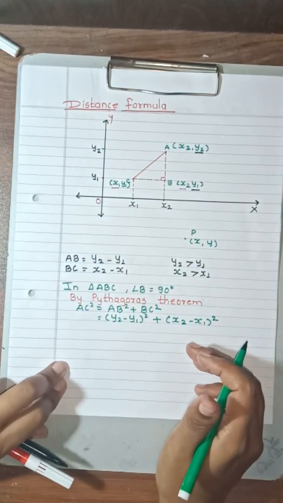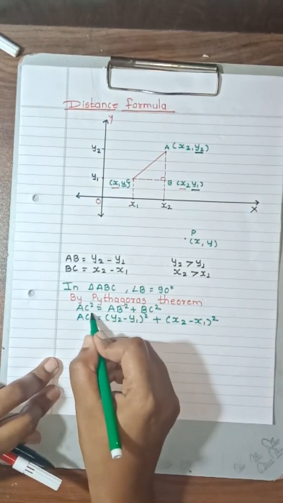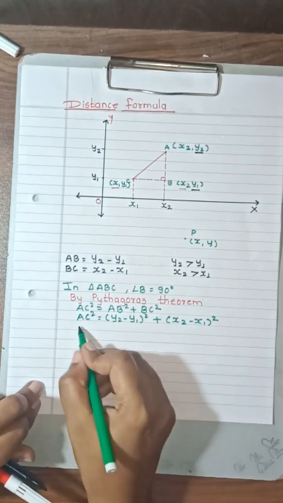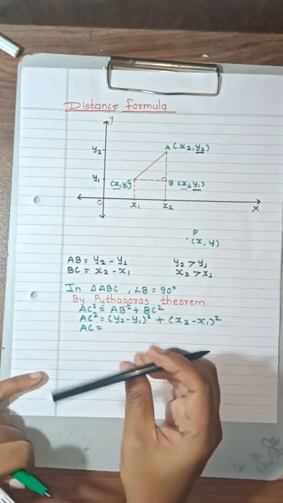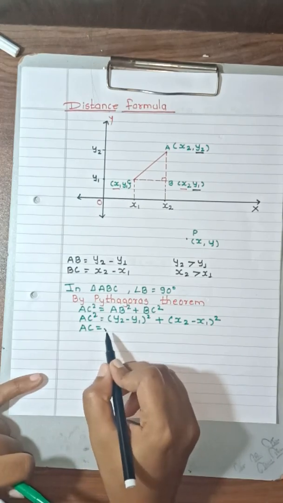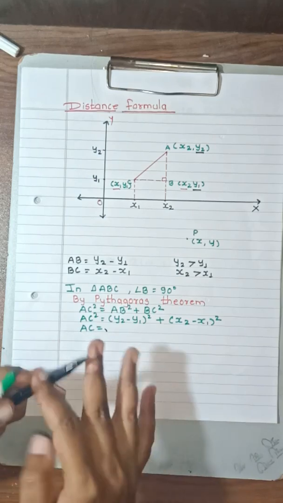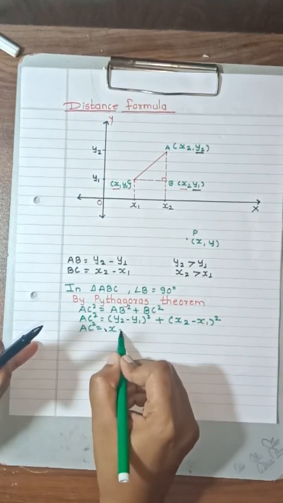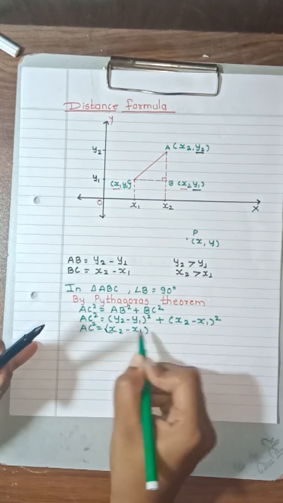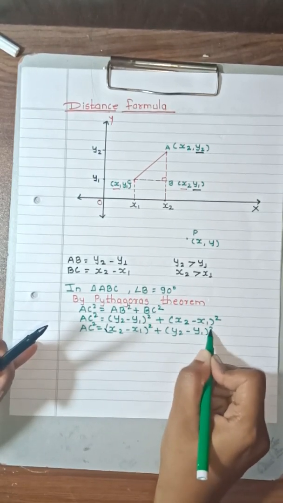Now we want the value of AC. This is AC square. Therefore, AC will be under root of, first of all, we'll arrange this properly. I'll write down once again here AC square is equal to (x2 minus x1) bracket square plus (y2 minus y1) bracket square.